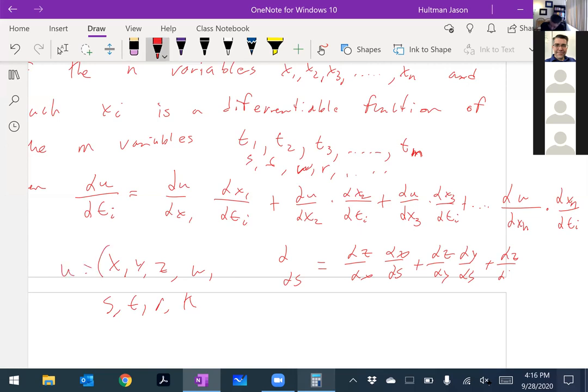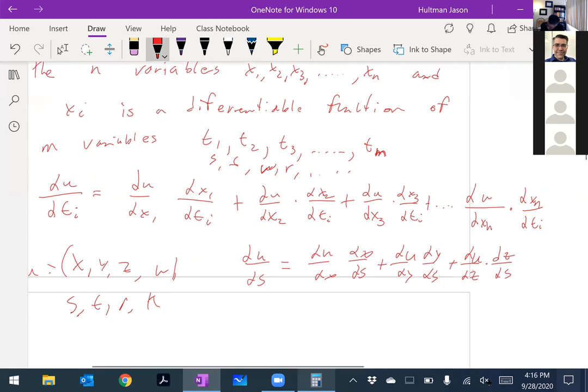u is a function of these. So this is u. I used z already, which was stupid. Okay, u, and this is du ds, and so on.